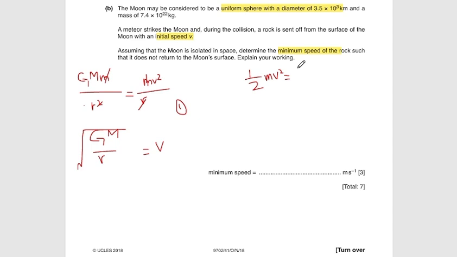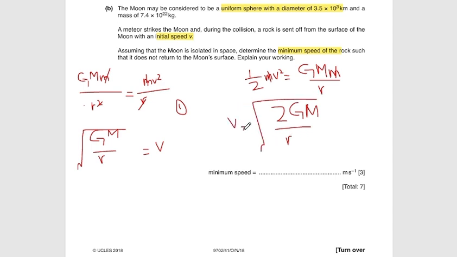At the surface, we write 1 by 2 mv squared equals GMm over r. Again, I can cut the m out and I'll be left with v squared equals 2GM over r, and I can just take its square root and I'll get v. Now, this is our second formula.